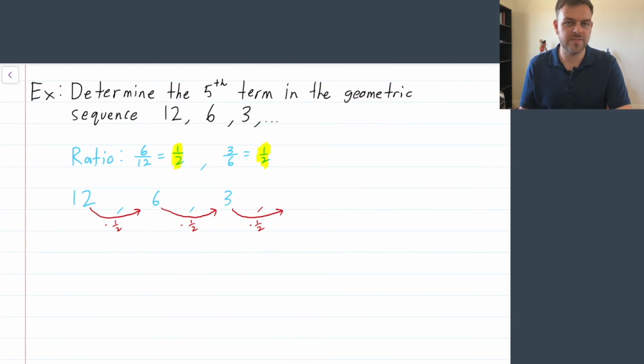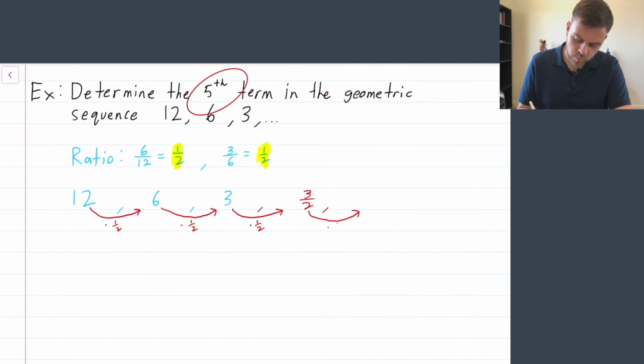It doesn't go in evenly, so I'm just going to leave it as a fraction. I'm going to say this is actually 3 over 2. And if I were to go one more time, because this is our fourth term and we want the fifth term, multiply by 1/2.